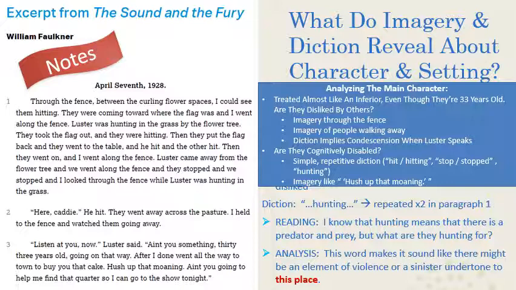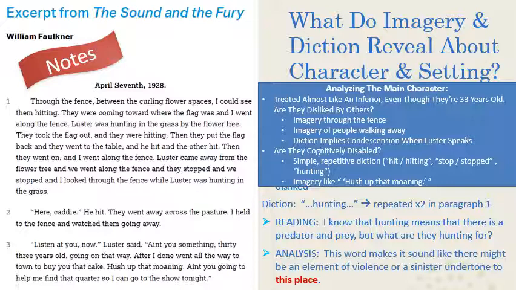They're behind the fence. So we've got the imagery of them being behind the fence. It's also implying that they're disliked by other people. So, we could be wondering, what is it about them that causes them to be disliked? So again, the imagery of looking through the fence helps us see that, right? This image of them just being physically separate and having to peek through the fence up there in paragraph 1.